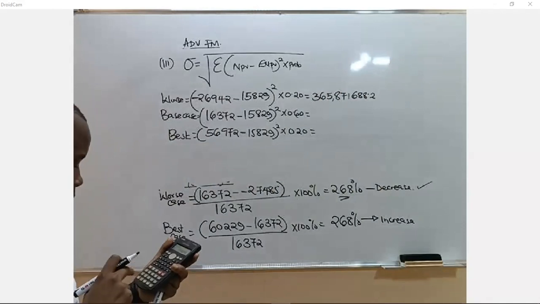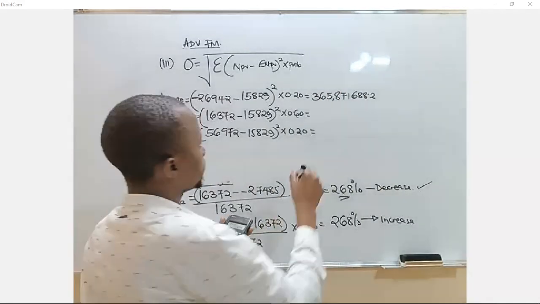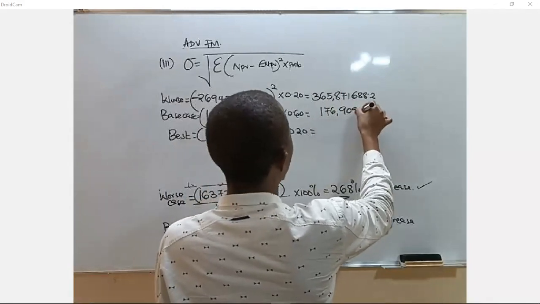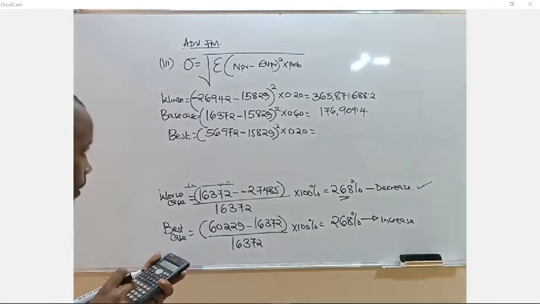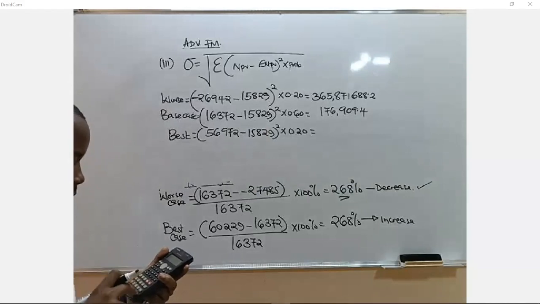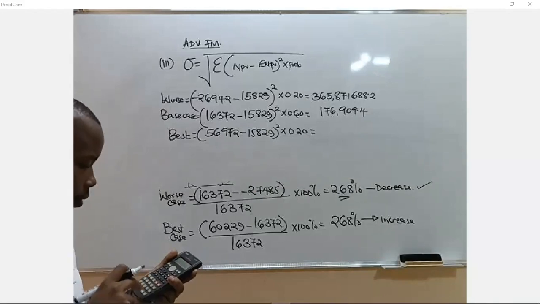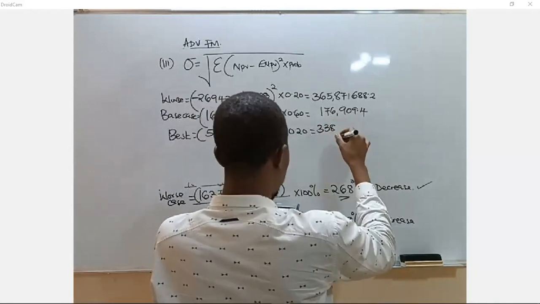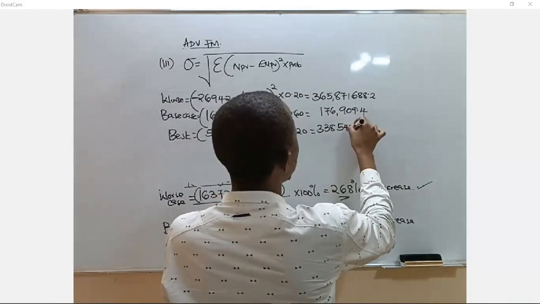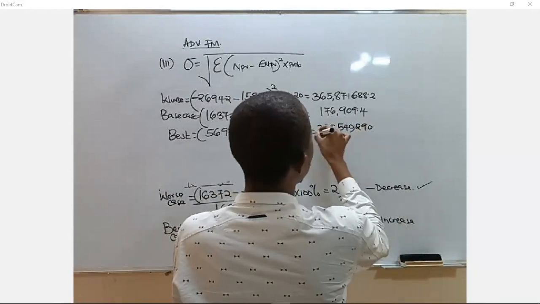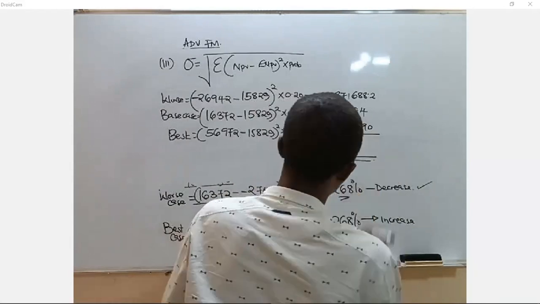Then I multiply by 0.6, getting 176,909.4. Then the last one will be 56,972 minus 15,829 squared. Then you multiply by 0.20. Confirm the figures. Godfrey, yes, are the figures okay? Yes, they are. Good. Get your totals there.